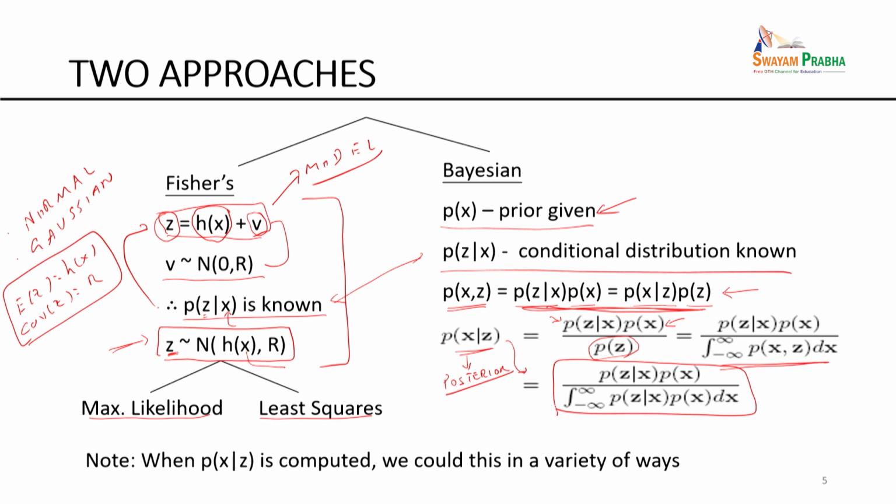So I originally started with some ideas about Pz. The observation reveals information about x. I combine the two, and I get new information about x based on z. So the observation affects my prior. This transformation is called the Bayesian approach, and this formula is called the Bayes rule.